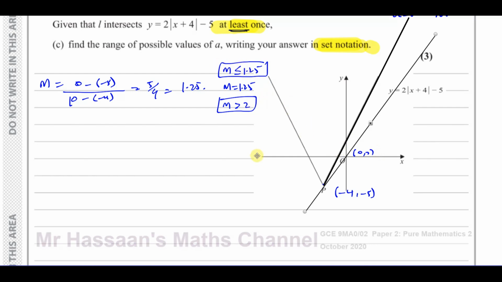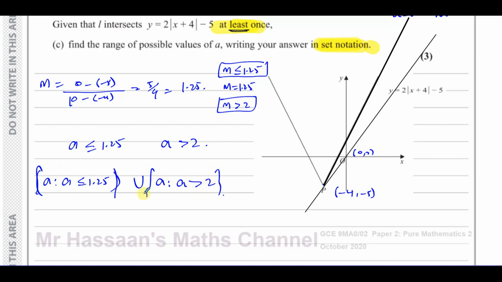So the range of possible values of A, where A is the gradient: A has to be less than or equal to 1.25, or A has to be greater than 2. In set notation, we can say A is such that A is less than 1.25, union with, because these are not overlapping, A is such that A is greater than 2.